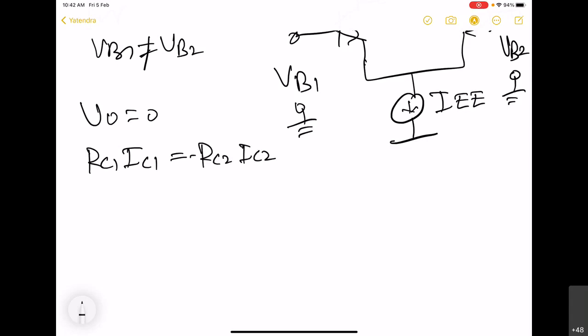That minus will be there, because when you find out the net output voltage, that will be actually the difference of these two. This minus will not be there.